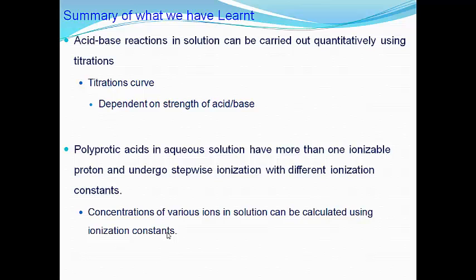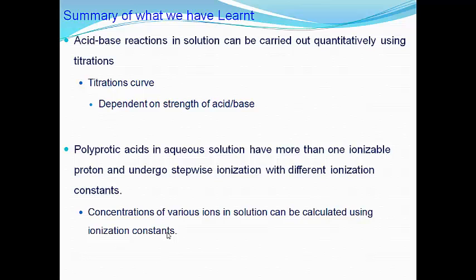Now we see that the titration curves change dependent on the strength of the acid and base, and it really has to do with the extent of the ionization that occurs based on the strength of the acid or the strength of the base, and the pH that, for example, the acids would have at the start of the reaction and throughout the reaction.